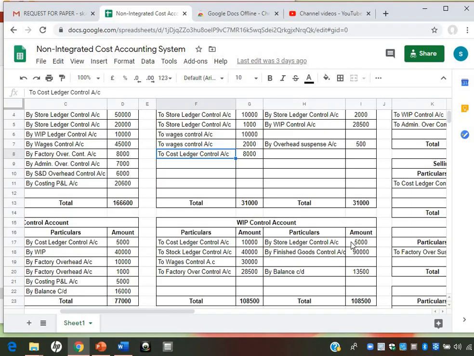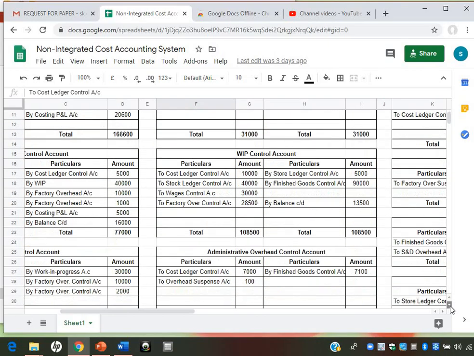Then this 5,000 is material return, and you can see the total of this debit side is 1,08,500, and after deducting this 5,000, we, the finished goods control account, that is given to us, that 90,000 of goods are shifted to the finished goods, and still we are having work in progress of 13,500.